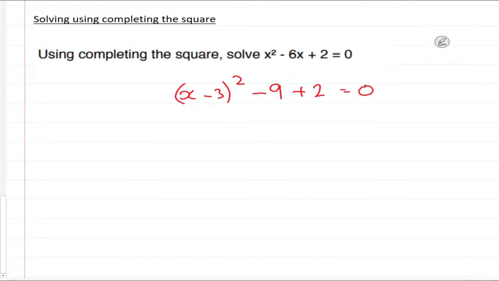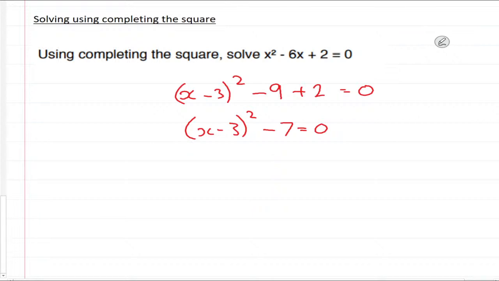What do I need to do next then? Simplify it, yes, good. So it's x minus 3 all squared. What is minus 9 plus 2? Minus 7 is equal to 0.